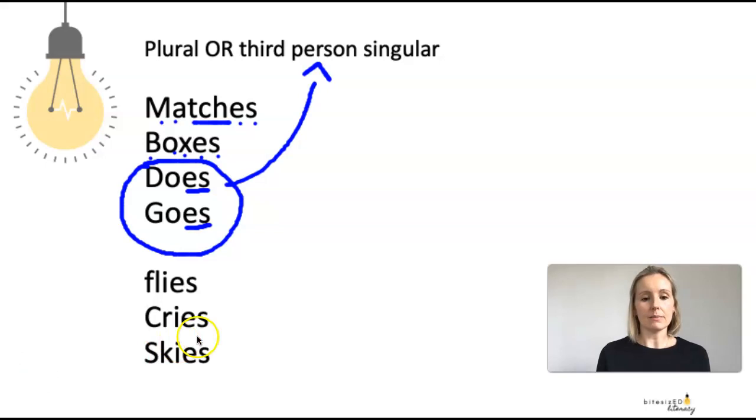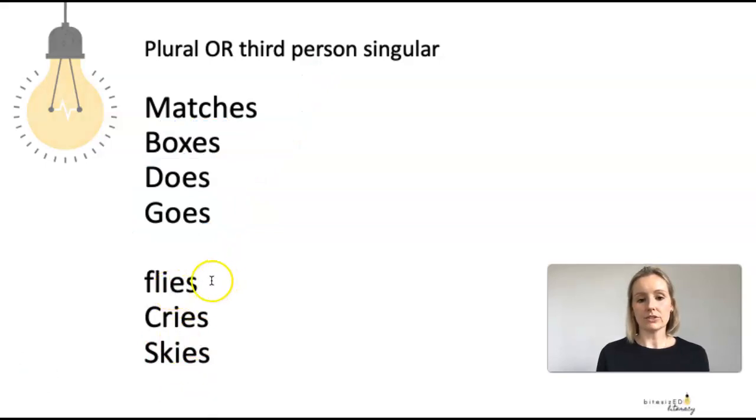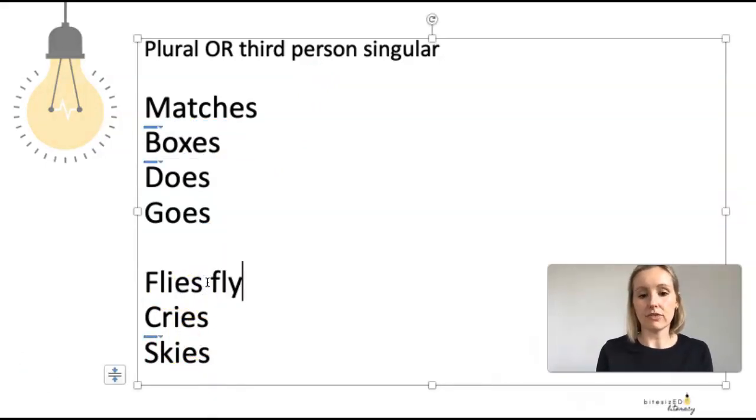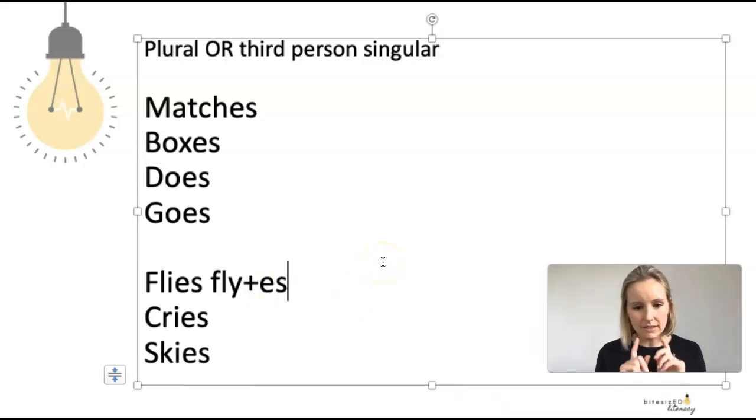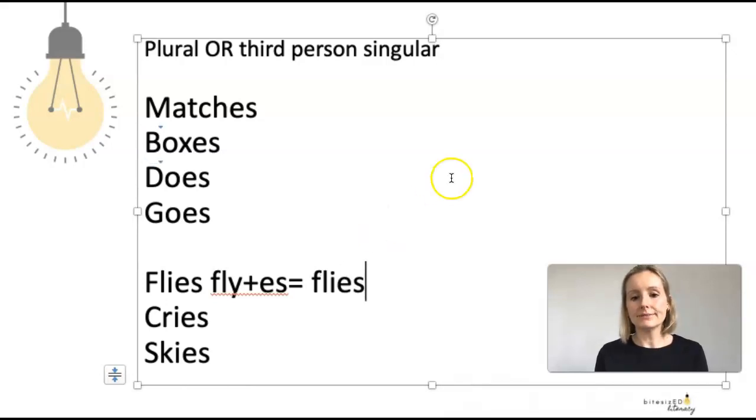So instead, one way we could do this is by saying, for example, fly plus es, and we get the students to look at it and remember the y and the e do not like to be next to each other. They are not friends. So we replace the y with an i, and then everyone gets along just fine.